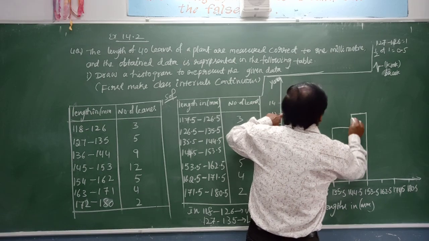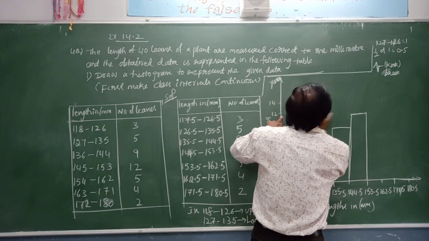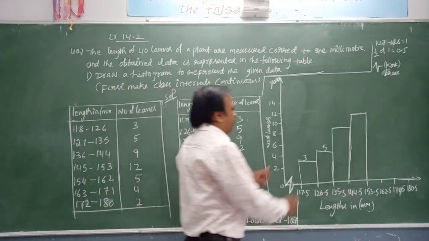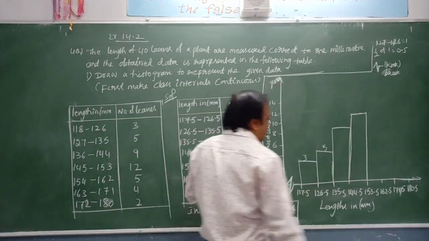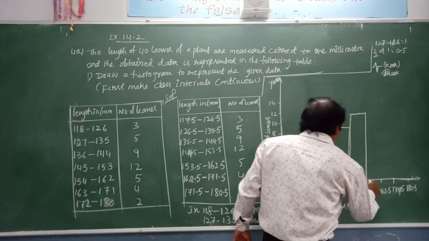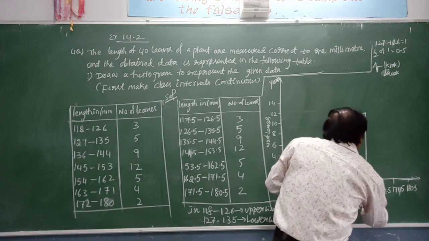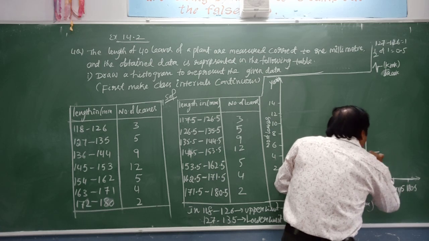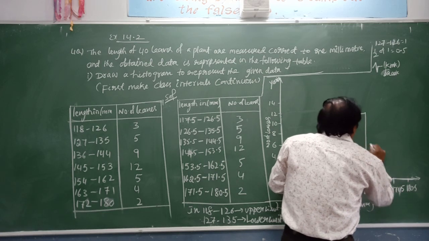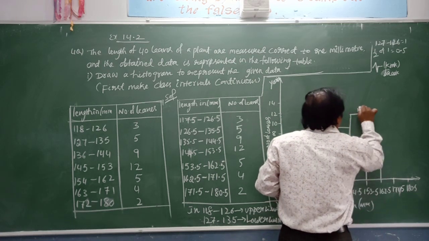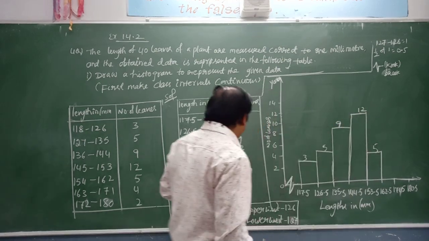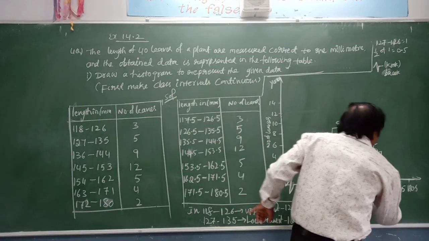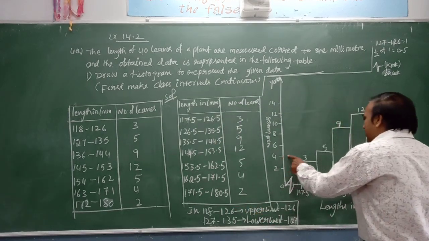Next, 153.5 to 162.5, the next value is 5. This is 5, 12, 9. Next, 162.5 to 171.5, that is 4. So 4 is exactly here.